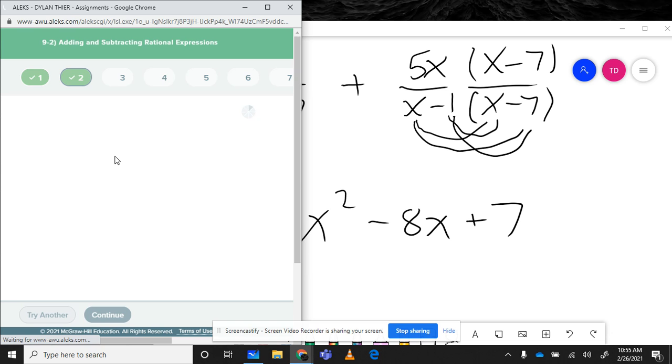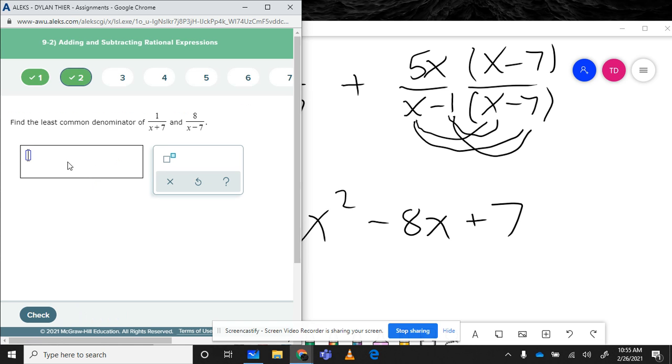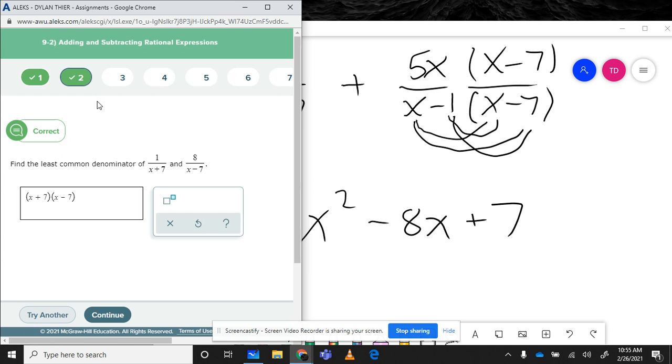And I'm going to try another real quick. I want to see if they would have accepted it the other way, if I just put x plus 7, x minus 7. Okay, so it accepted either way.